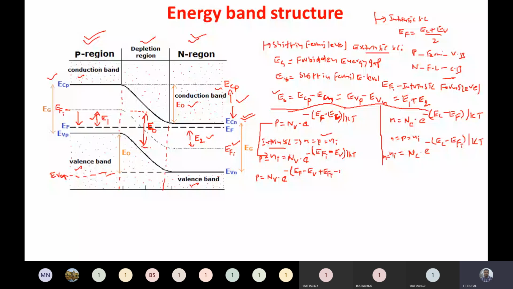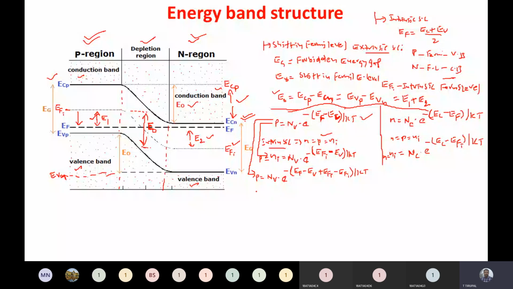So is there any problem? Is there any change here? See, I am writing this equation like this. P is equal to NV into e power minus of EF minus EV. The same thing I am writing in this equation, the same thing, minus of EF minus EV. Just I am adding and subtracting EFI. Is there any change? No change.